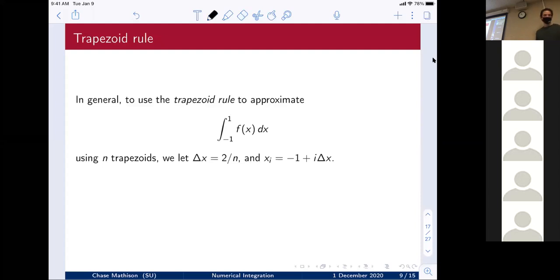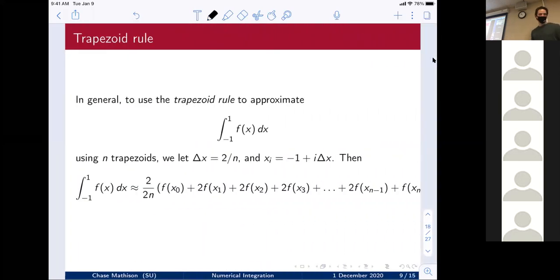Okay, so to approximate this integral using n trapezoids, we're going to let delta x, just like before, be the length of the interval, which is 2, divided by the number of trapezoids. So 2 over n. You let xi be x0, which is -1, plus i times delta x.